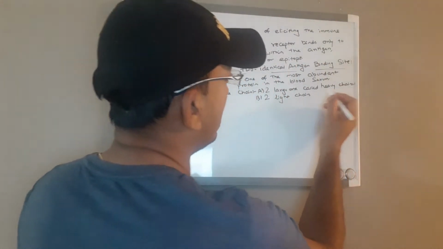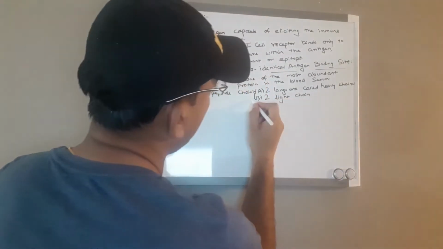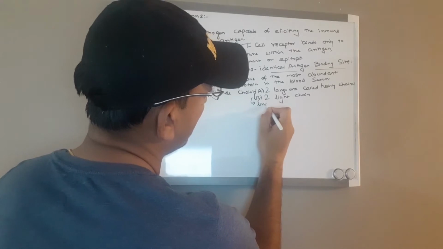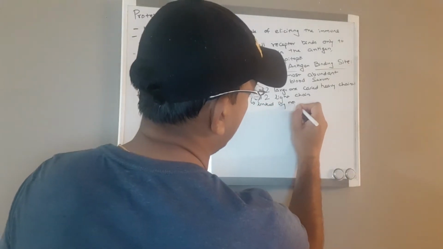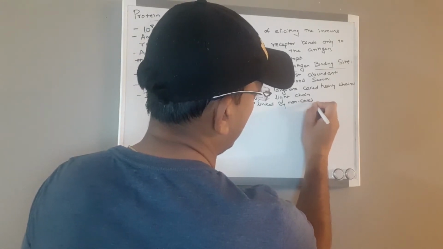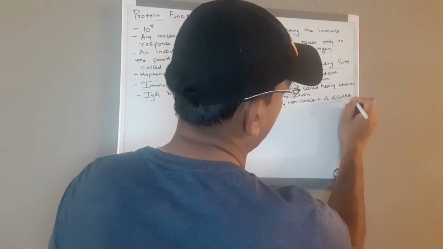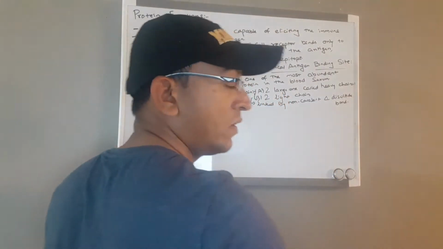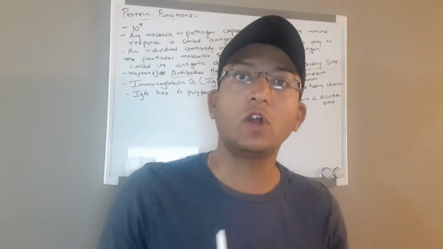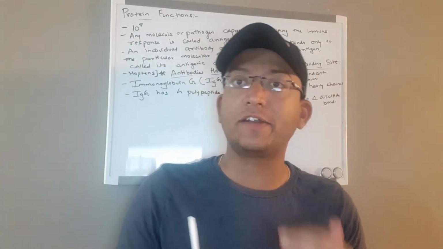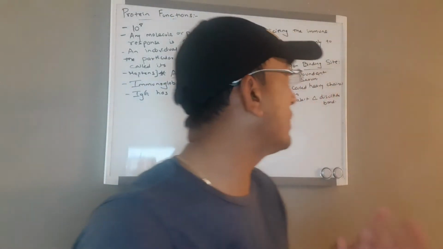So both are linked by non-covalent and disulfide bonds. Right, so the heavy chain of this IgG molecule interacts at one end, then branches to interact separately with the light chain, forming a Y-shaped molecule.